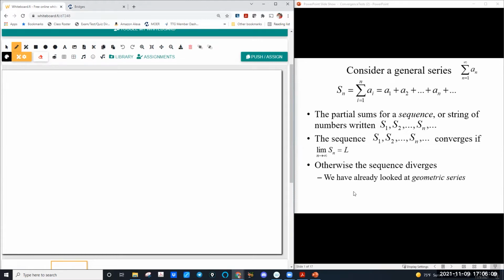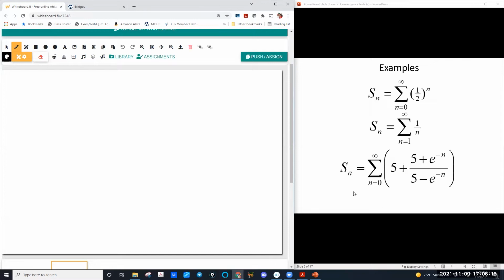And in fact, with geometric series, we can actually find out what they converge to. Now, these are just examples of some series. We will at some point today investigate all 3 of these as to whether they converge or diverge and why.